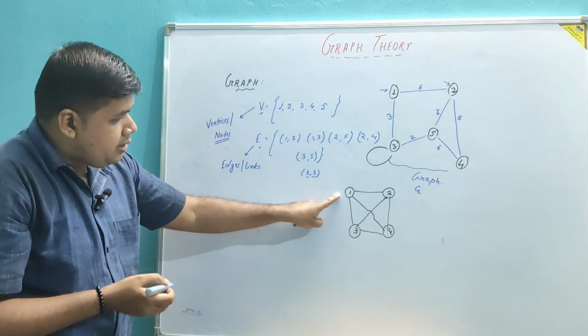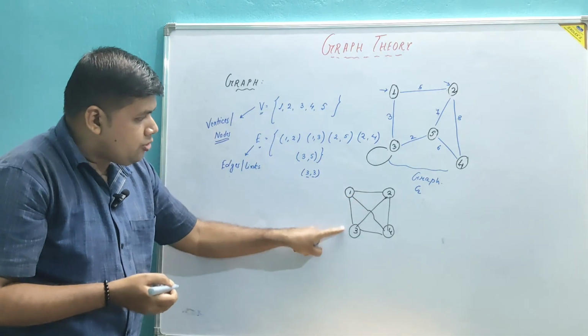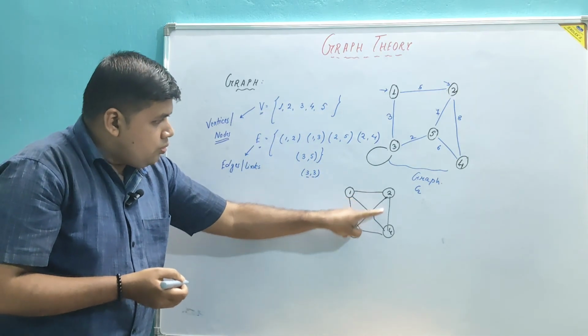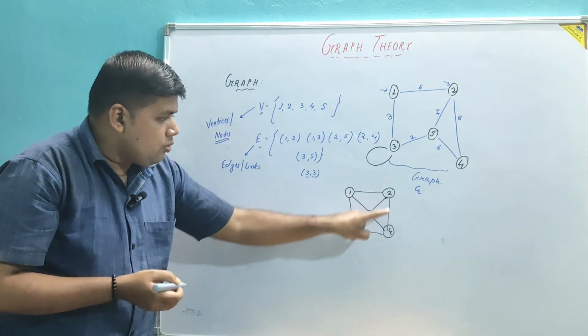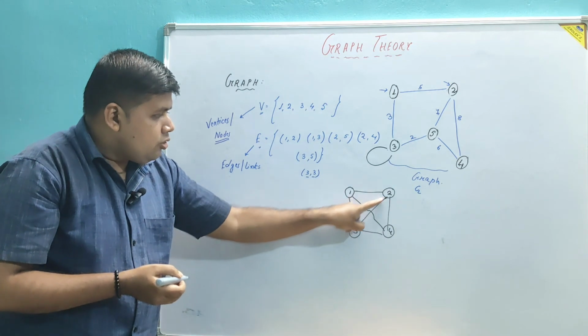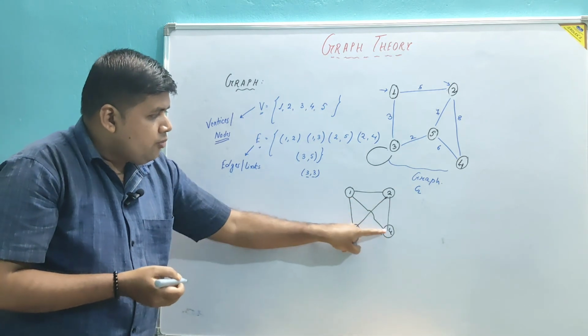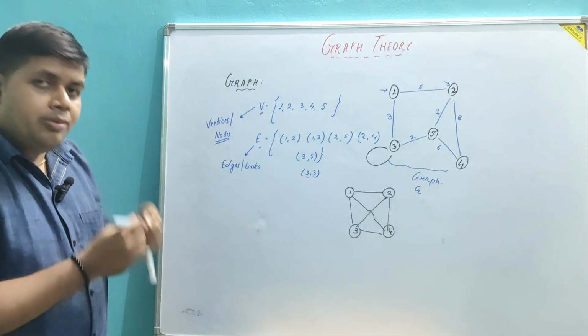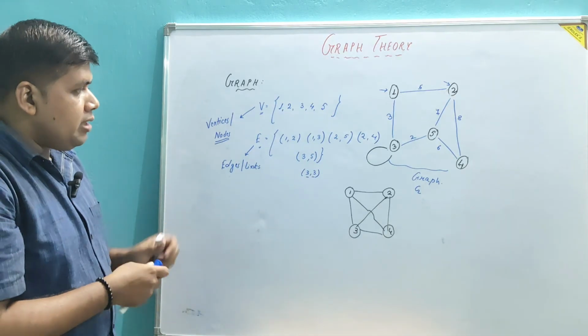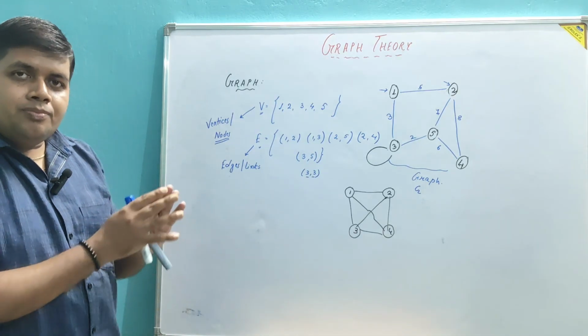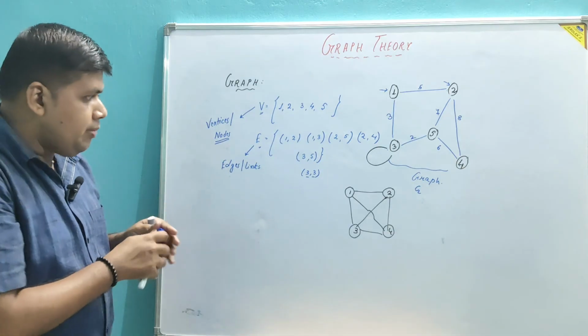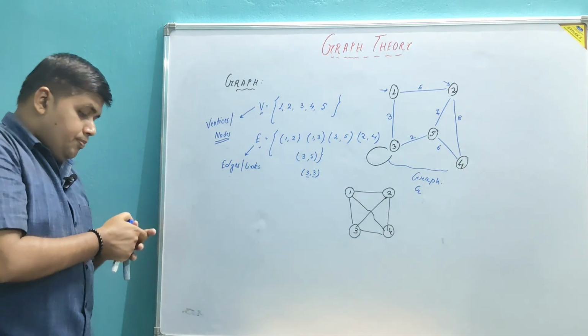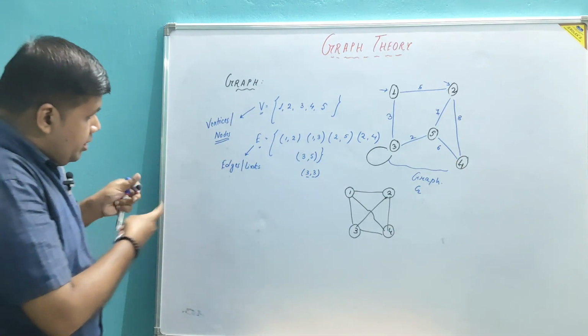One is directly connected to 2, 3, 4; 2 is connected to 1, 3, 4; 3 is connected to 1, 2, 4; and 4 is connected to 3, 2, 1. So all the vertices are connected. If all the vertices are connected, that means it has the maximum edges. So we have to remember this term.